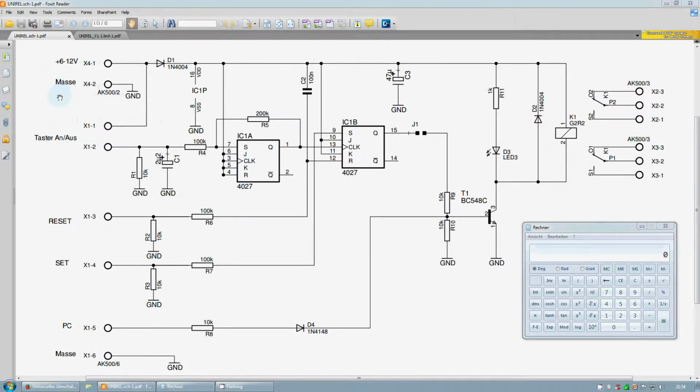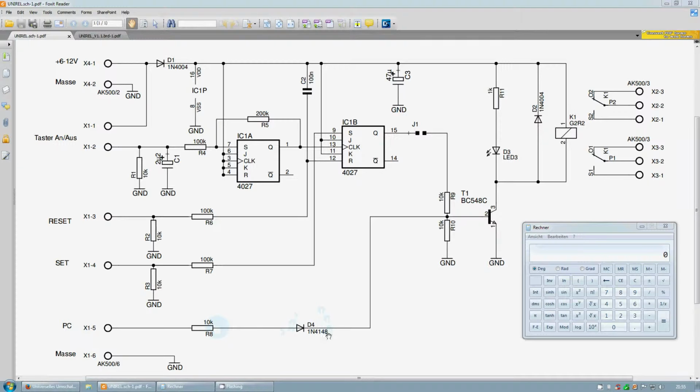Now let's take a look at the schematics, at the circuit diagram of our UNIREL, and see how all the functions are realized. For the first part we neglect all this circuitry here because we assume that jumper 1 is open, and we only take a look at the direct PC input. First of all, for protection, there's a current limiting resistor R8 with a value of 10 kilo ohms.